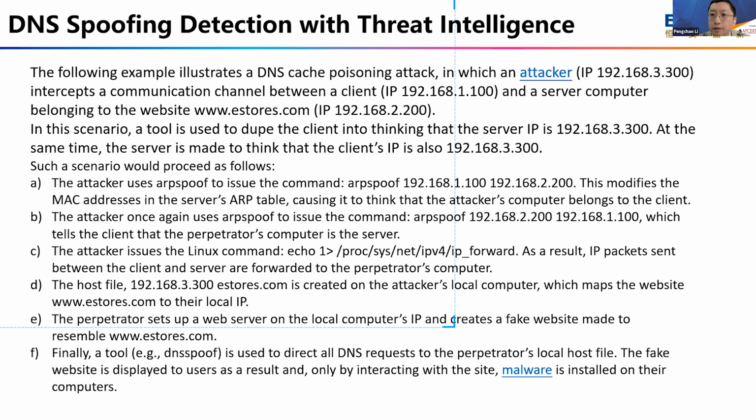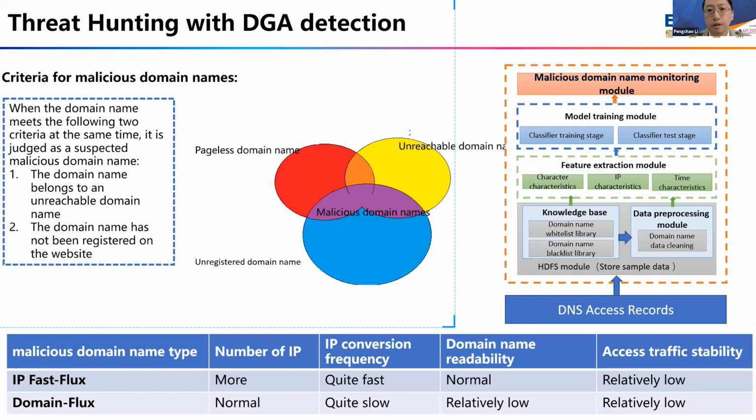In this scenario, a tool is used to dupe the client into thinking that the server IP is 192.168.3.300. At the same time, the server is made to think that the client's IP is also like that. Considering the limited time, if you are interested, just read the process in detail. So, threat hunting with DGA detection.